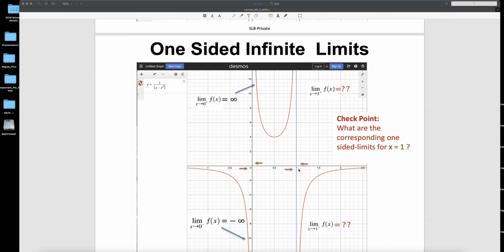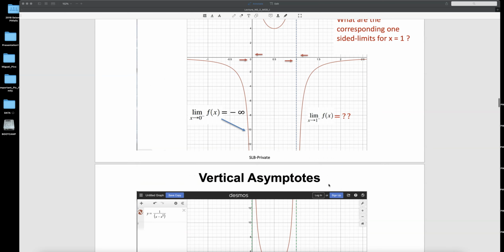So we are talking of an infinite limit, but that is different depending on from which side I approach the number. I'm going to leave that to you, to say here what is the behavior, and here what is the behavior, with the corresponding symbol that I just showed you a few minutes ago.